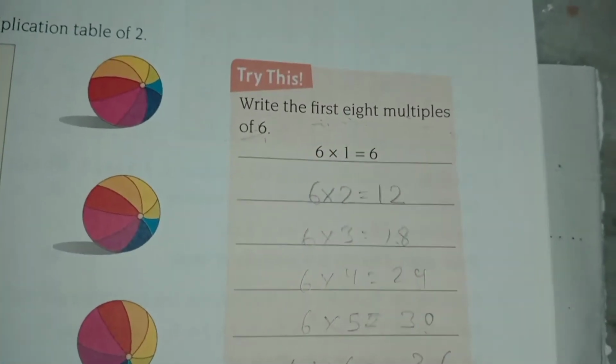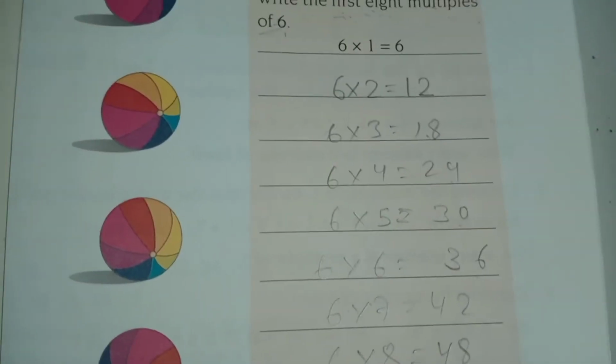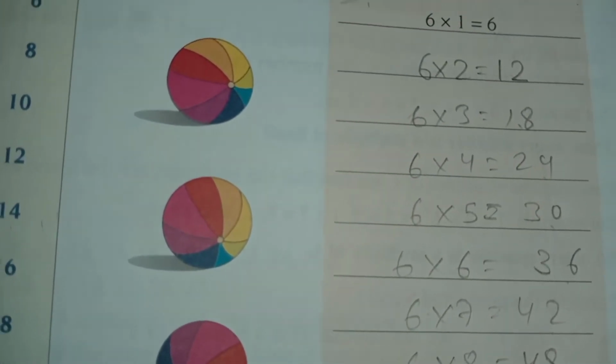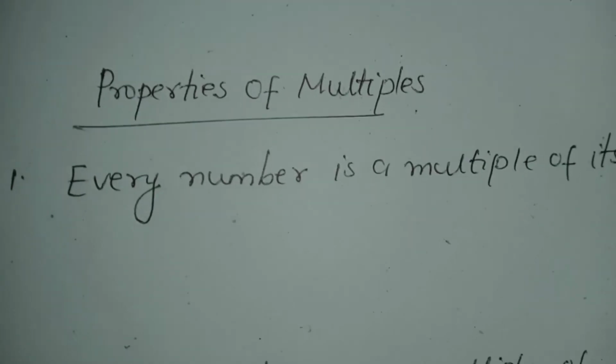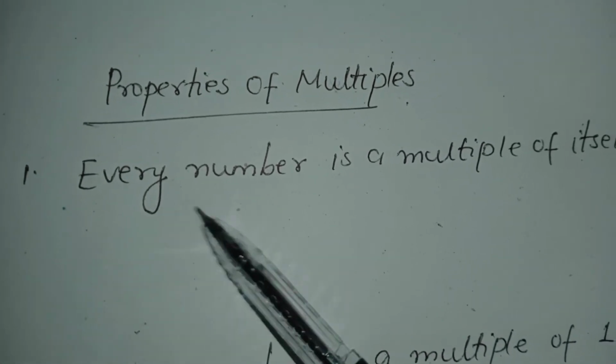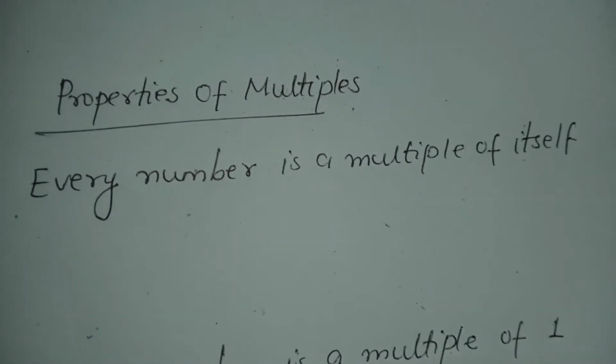Now after this, let's see the properties of multiples. Then we will move to the exercise. Properties of multiples. Property number 1 is that every number is a multiple of itself.